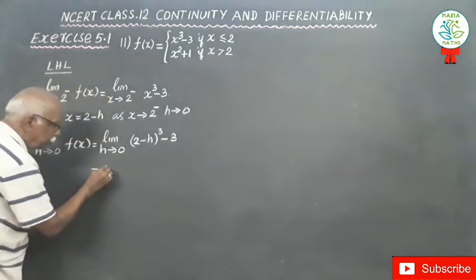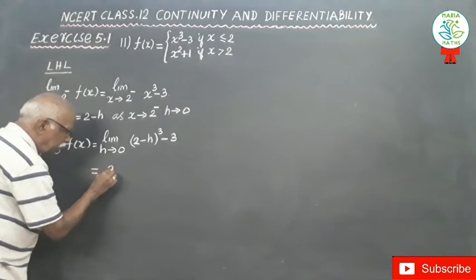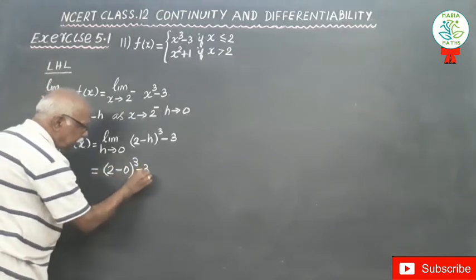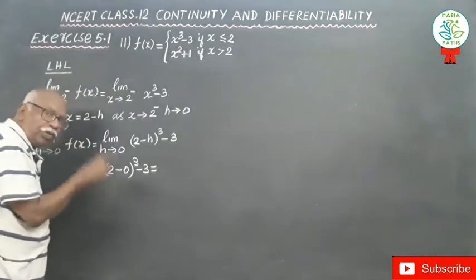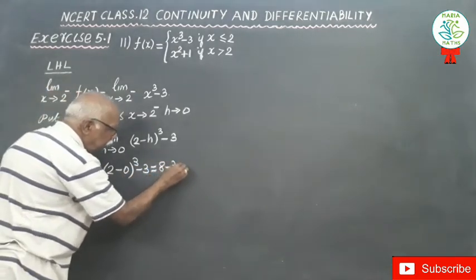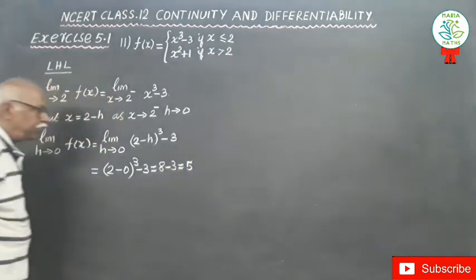Now put h equal to 0: 2 minus 0 the whole cube minus 3. 2 cube is 8, 8 minus 3 is 5. Now the left limit is 5.